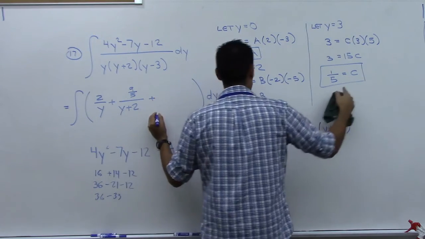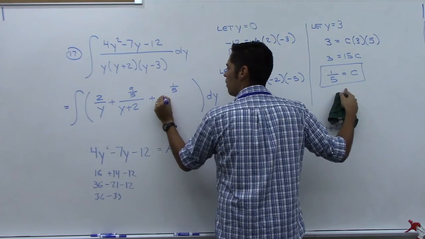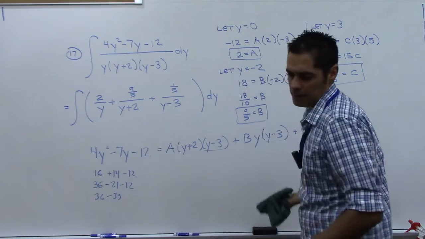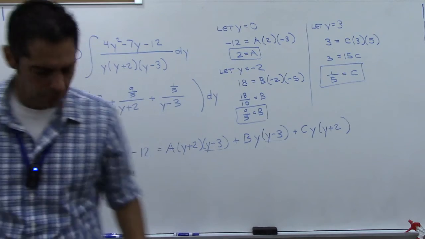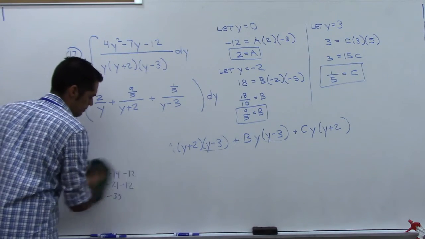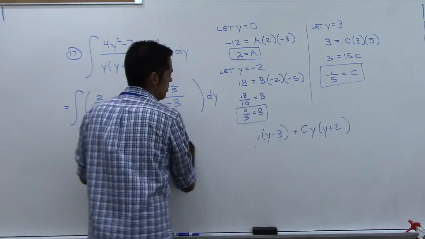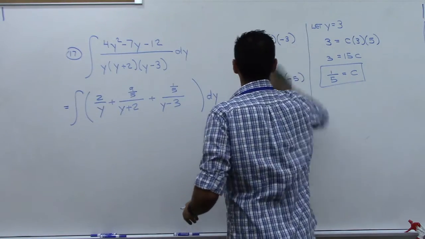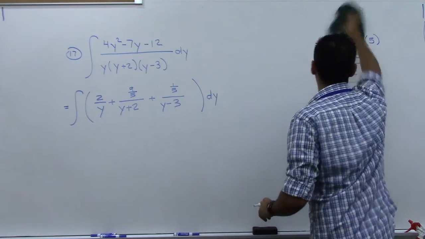Plus C, C was 1/5 over y minus 3, which was my final linear factor. And then at this point, I'm ready to integrate. All of those are constants over linear expressions. So I should be able to do natural log on all of those.